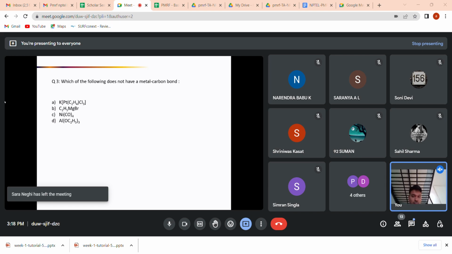Obviously C should have a metal carbon bond because that's basically carbonyl. In carbonyl, the carbon is always the atom which directly bonds with nickel, and with A and B, and with D, I think you guys can easily guess.